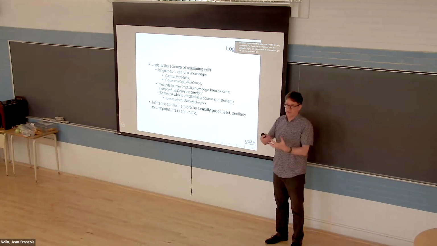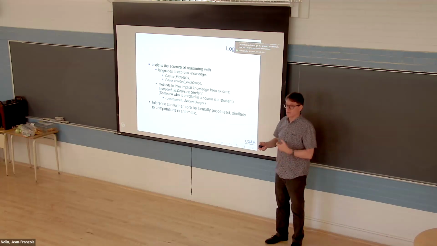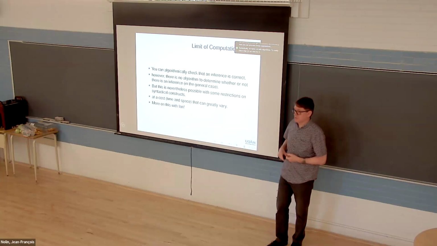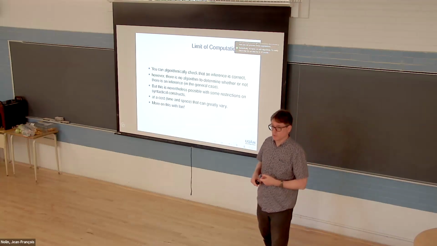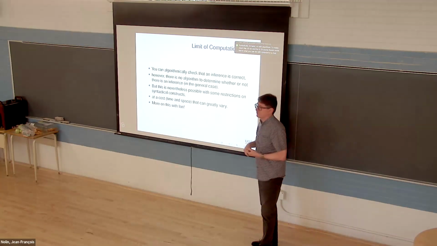Similarly here, you can process these expressions symbolically by hand or with algorithms to really check that it's an inference. Of course, there's a limit to what you can do with computation: you can check that an inference is correct.